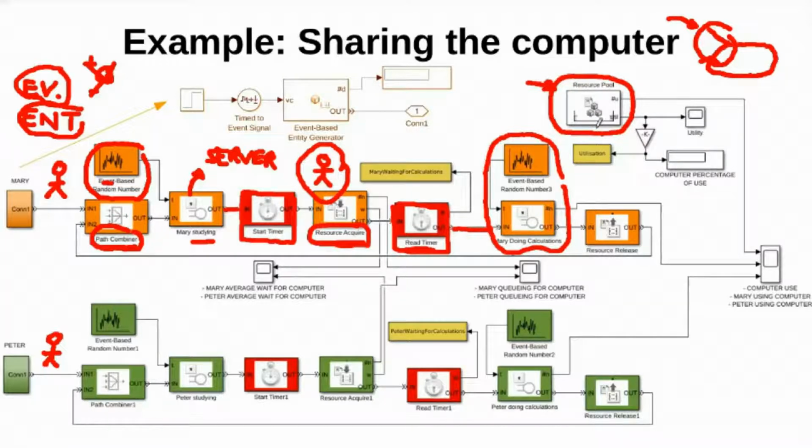Here I define that there is a single resource called computer that will be the resource that Mary and Peter need in order to switch from studying to doing calculations. That's why here I monitor the time this computer is being used, and that's why here I get the percentage of use of this computer. So that's the general idea of this block diagram.